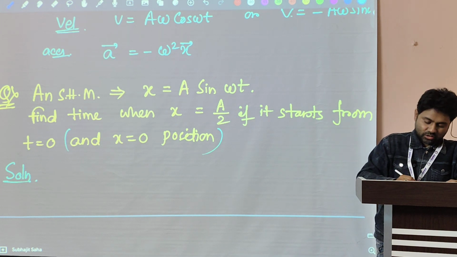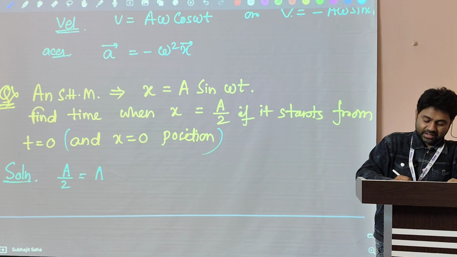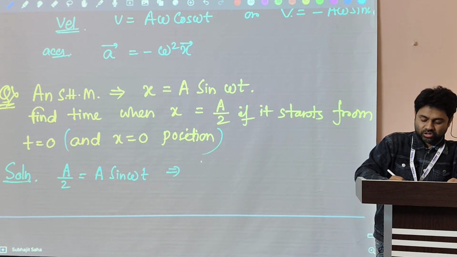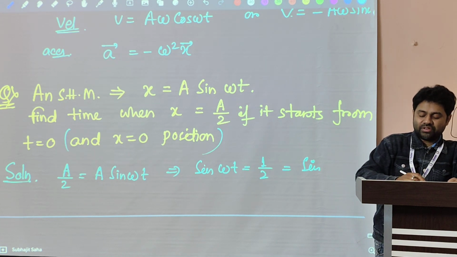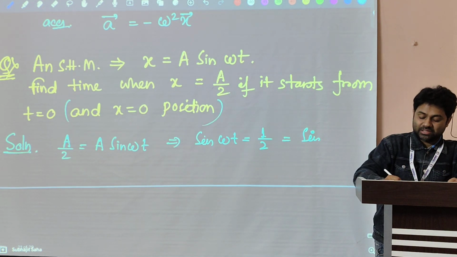It's very easy. Just put x equal to A by 2. So A by 2 will be equal to A sine omega t, or sine omega t equals to half, cancelling A and A. Half is the value of sine 30 degree, that is pi by 6.